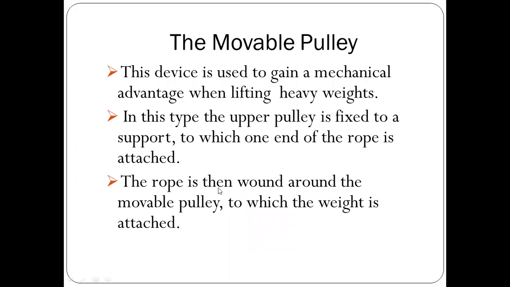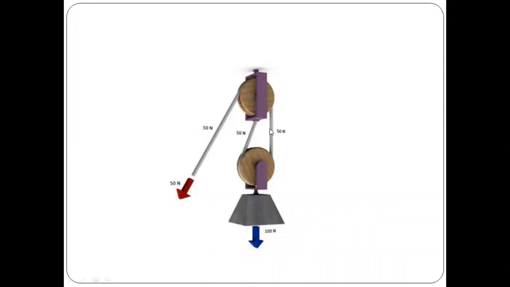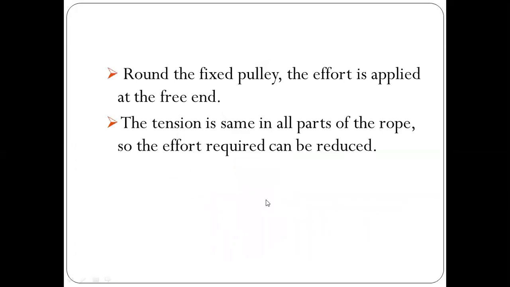The rope is then wound around the movable pulley to which the weight is attached. So here this is the movable pulley, this is the rope, and with this movable pulley, this is the weight attached. Round the fixed pulley, the effort is applied at the free end.